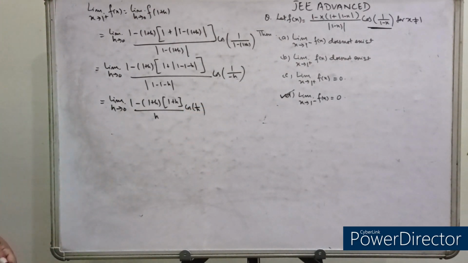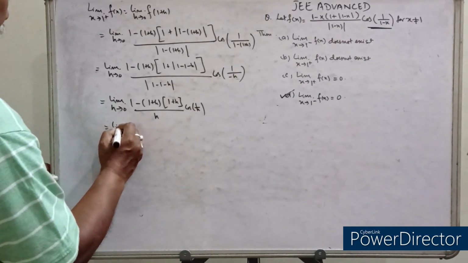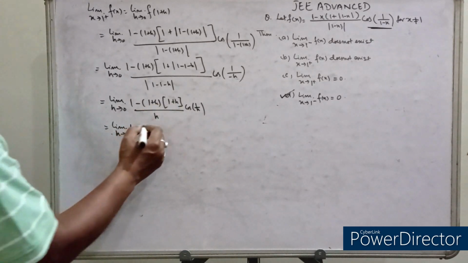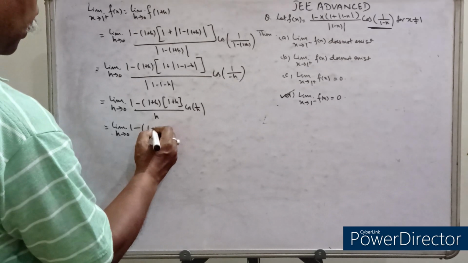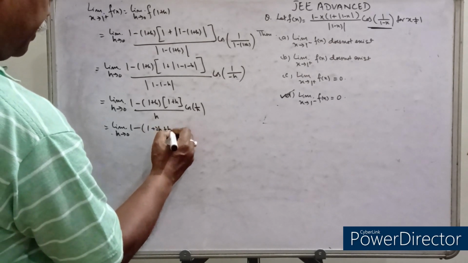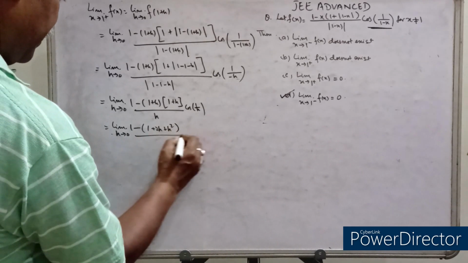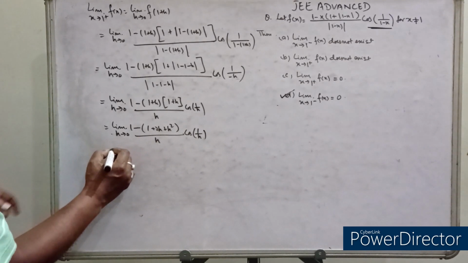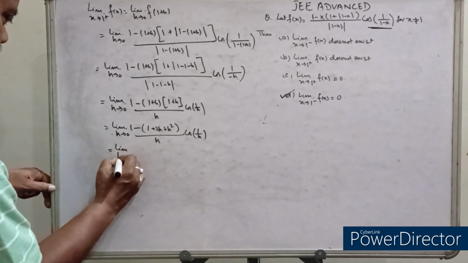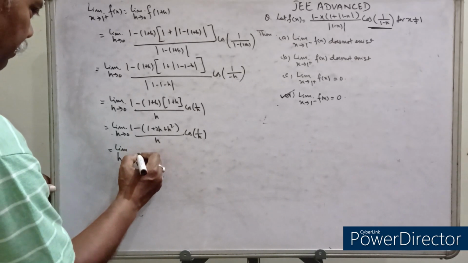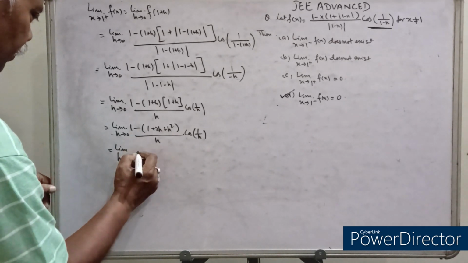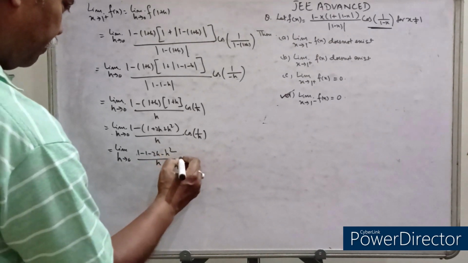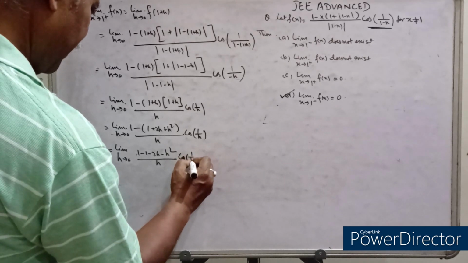Now here this will be limit h tends to 0 of 1 minus (a plus b) the whole square, so a square plus 2ab plus b square, divided by h, and cos 1 by h. So this is limit h tends to 0, this will be minus 1. So this will be 1 minus 1 minus 2h minus h square, by h, and cos 1 by h.